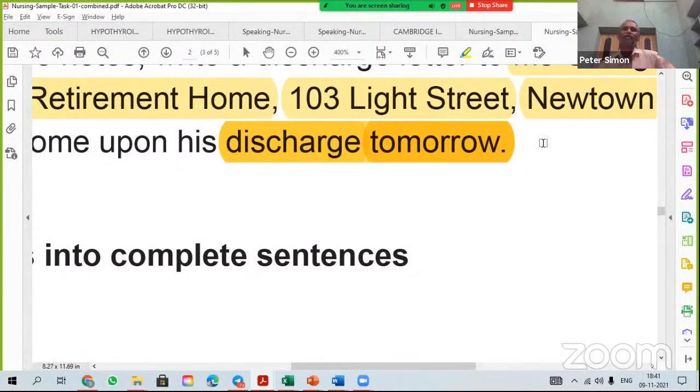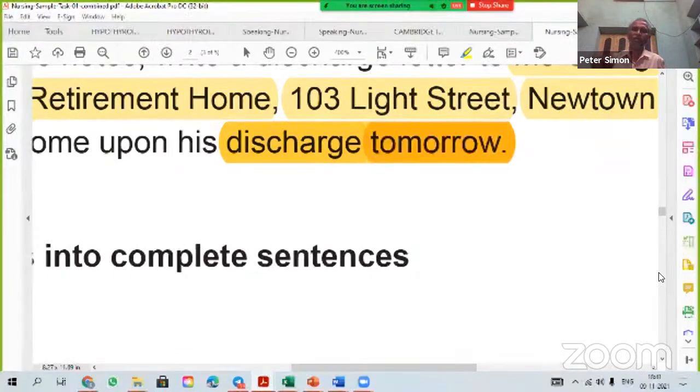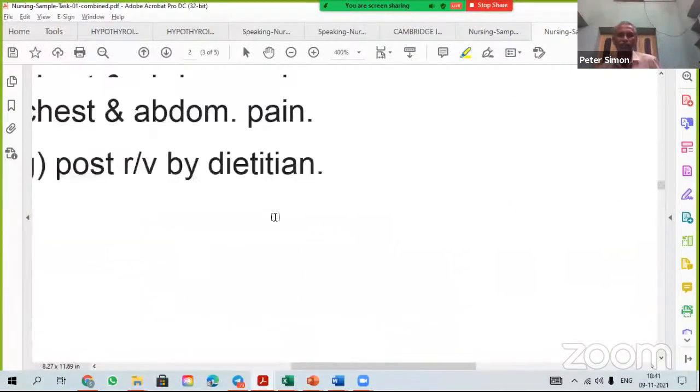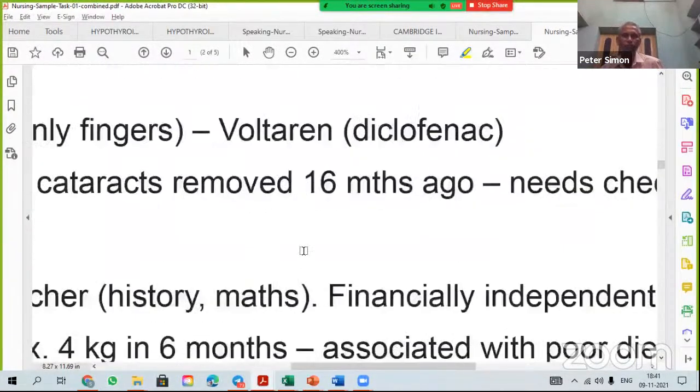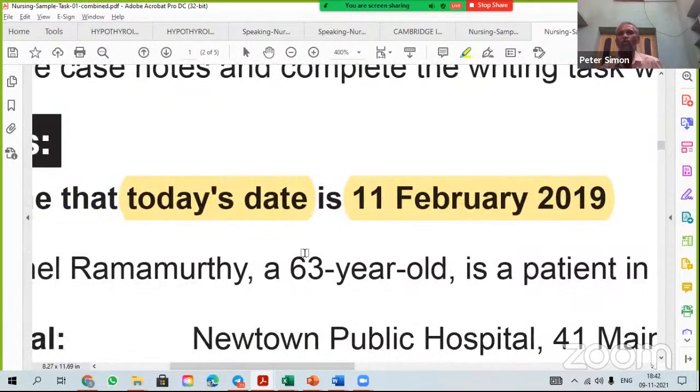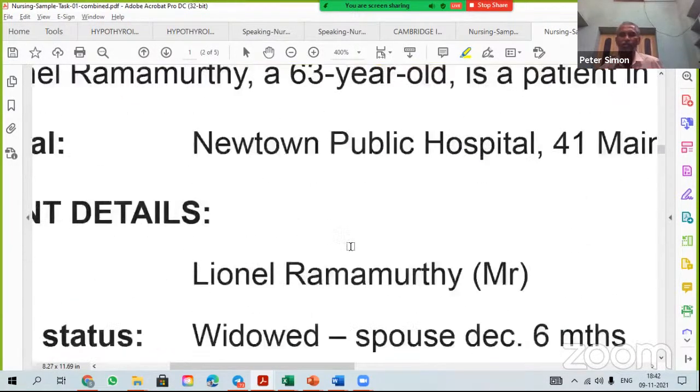Today you are writing the letter. So you have to assume today's date as 10th February, right? Now today's date is 11th February? No, today's date is 10th February. It is by mistake. That's very clearly understood.